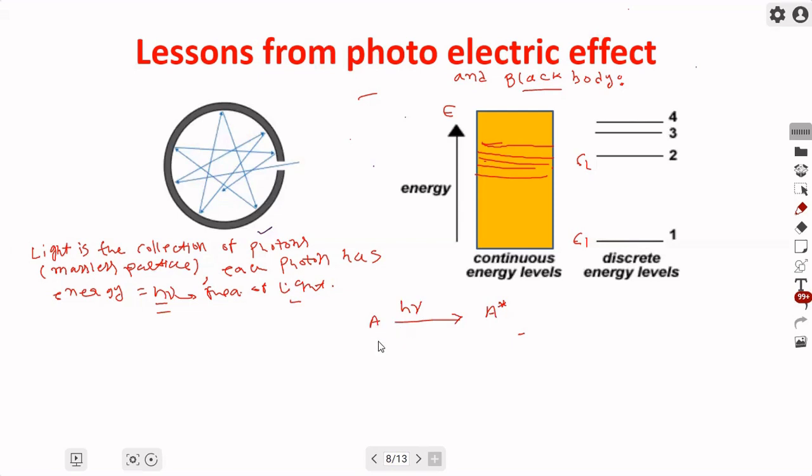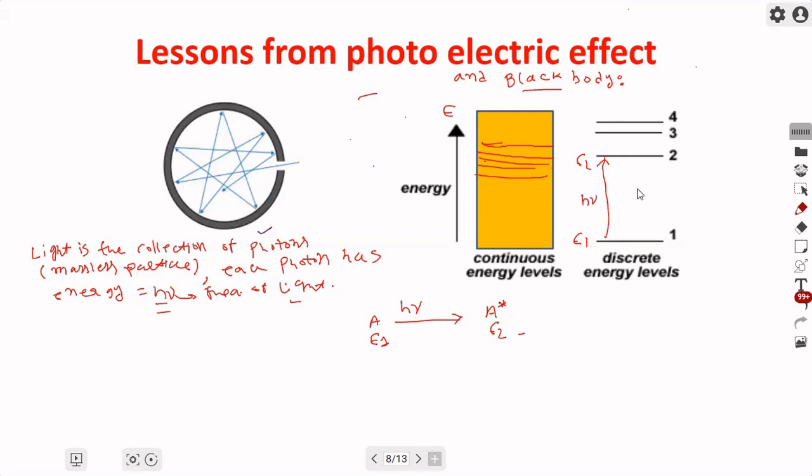Initially, before light falls on it, its energy is E1. After light falls on it, it absorbs hν amount of energy, nothing more, nothing less, and it goes to the E2 state.